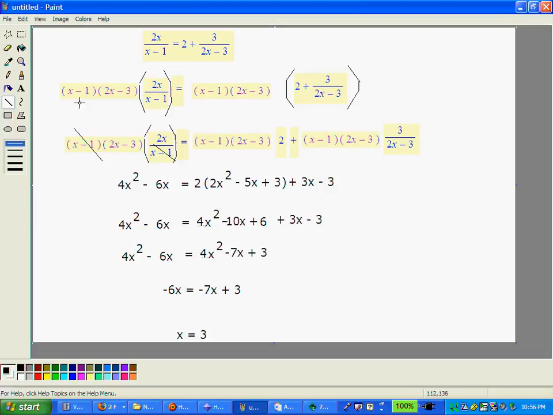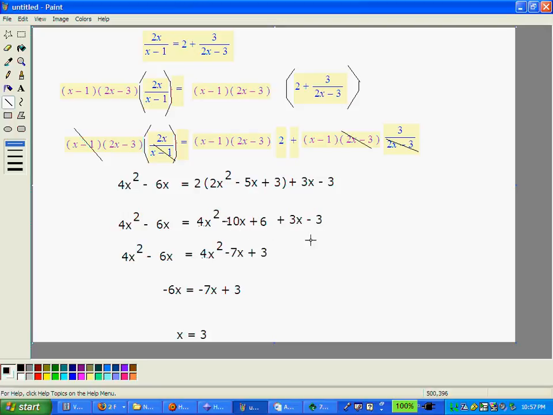The other stuff is more like the left-hand side of the equation, where the 2x minus 3 and the 2x minus 3 can reduce, and x minus 1 times 3 is 3x minus 3. So that's where that came from. On the next line, I distribute the 2 in, and I end up with 4x squared minus 10x plus 6.